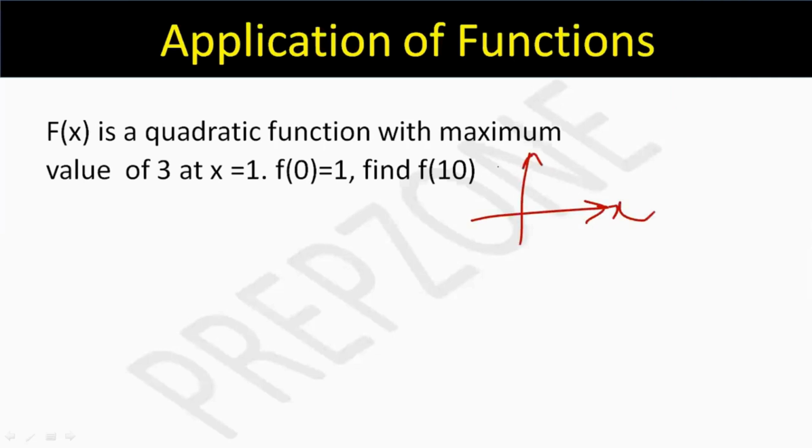See, in the exam, what you have to see here, with maximum value of 3 at x equals to 1, which means when x is 1, maximum value must be 3. Please tell me, everyone, when a quadratic equation has a maximum value, should it be inverted up or inverted down? Matlab, should it be like this or like this if it has a maximum value?